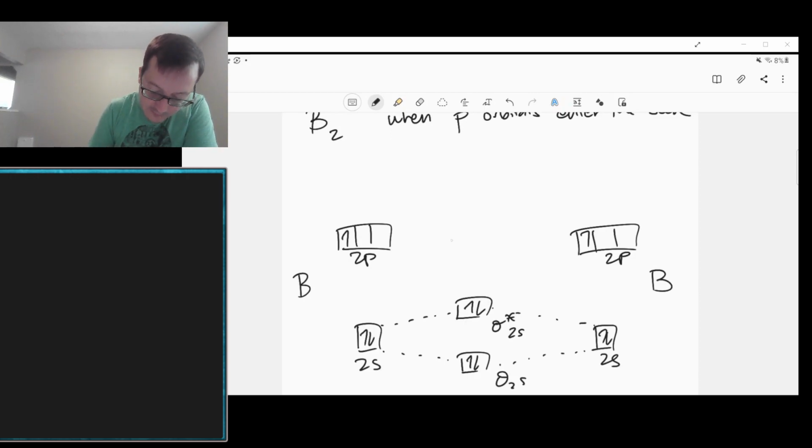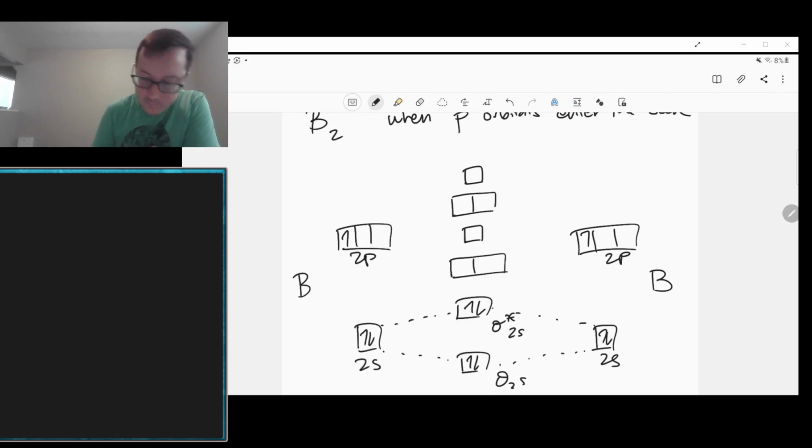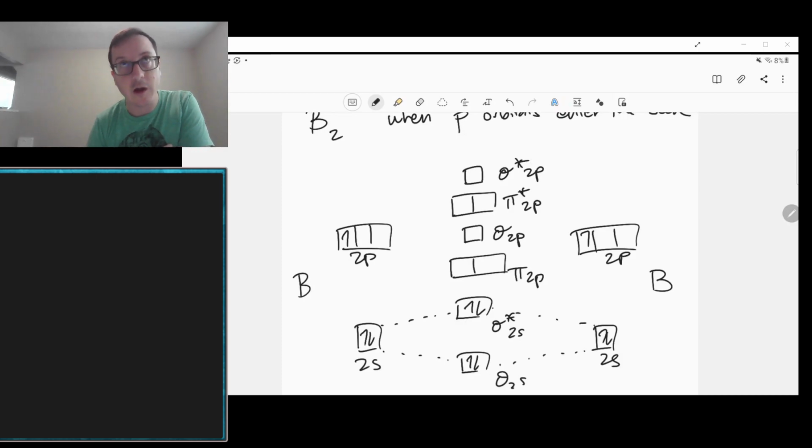With p orbitals, we have interesting things happening. We're going to end up splitting this into 6 boxes. We're going to have pi 2p, sigma 2p, pi star 2p, and sigma star 2p. And this is going to be the same pattern for boron, carbon, and nitrogen.